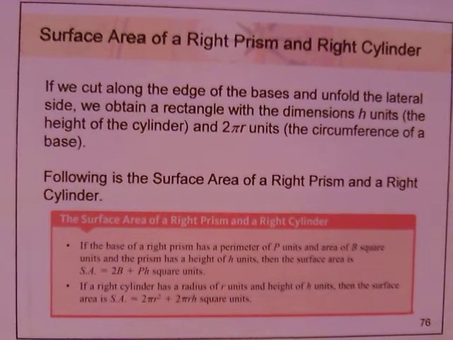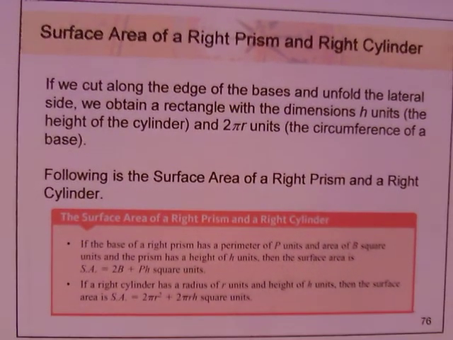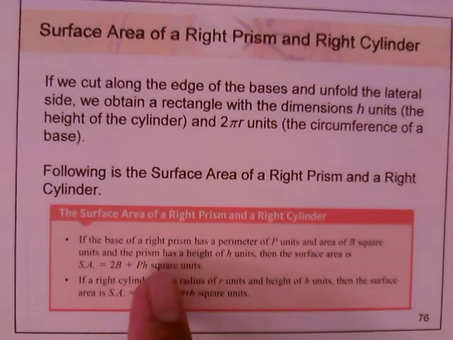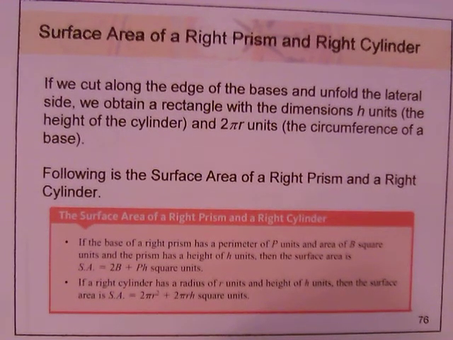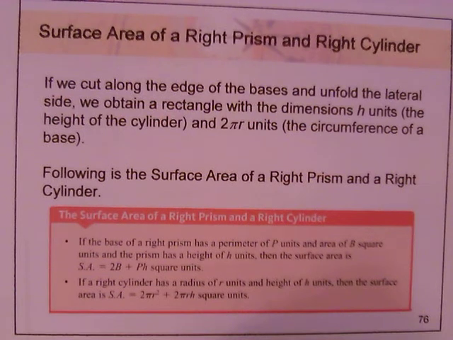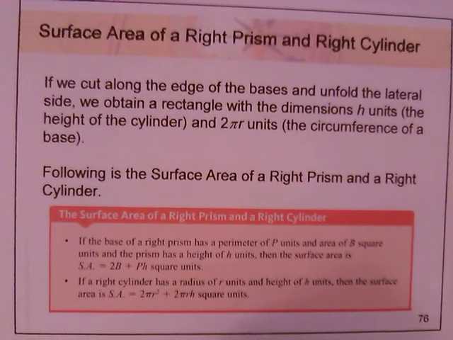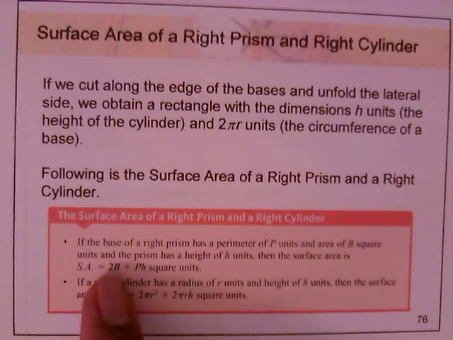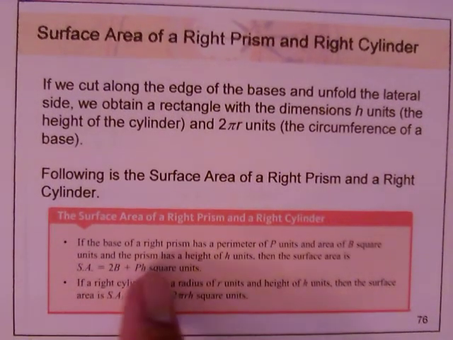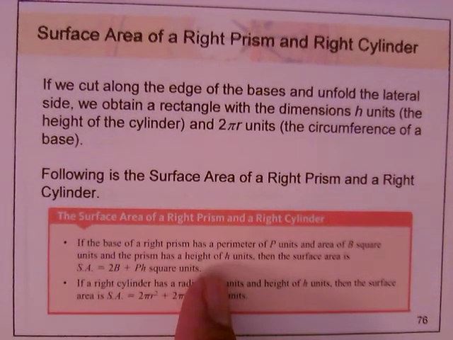So here is the surface area of a right prism and a right cylinder. For the right prism, with a perimeter of P units, a base area of B square units, and a height of H units, the surface area is SA = 2B + PH square units.